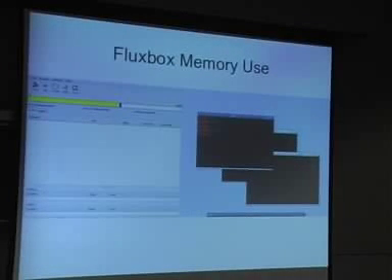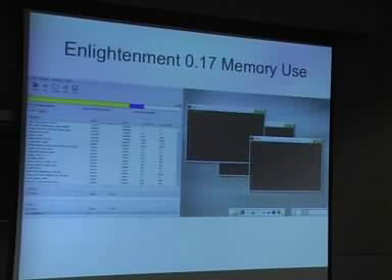Fluxbox, which is a window manager, people love to run around and tell you it's a minimalist window manager, it's so fast and small. Well, let's see, 39,000 allocations across about 2.37 or 2.4 meg of RAM, give or take. That's a minimalist window manager, really. And here's E17, 2.6 meg of RAM and only 13,000 allocations.